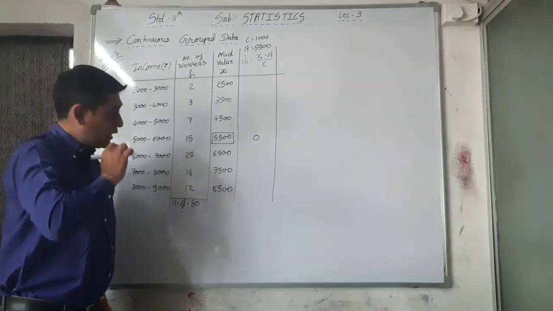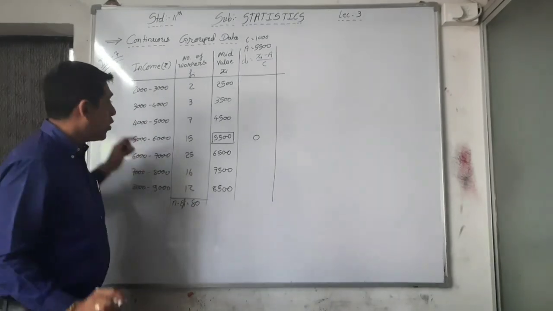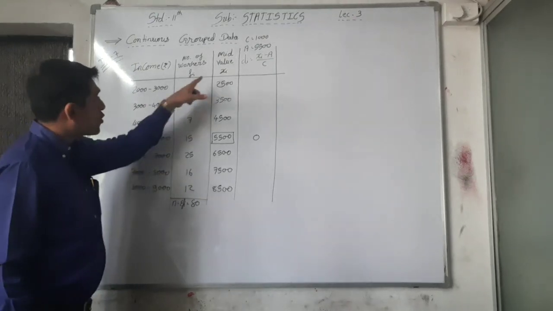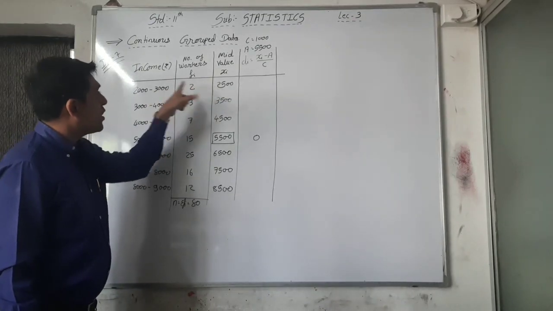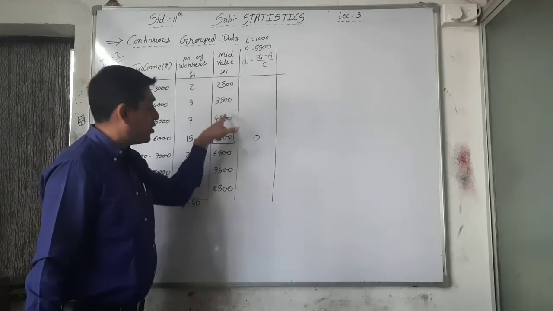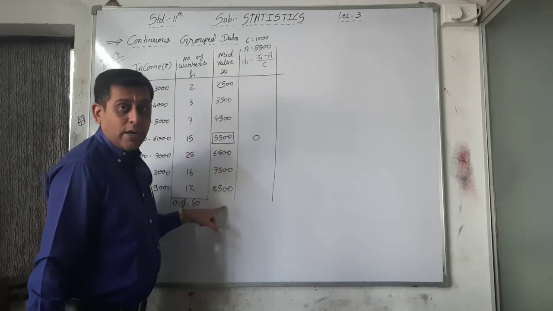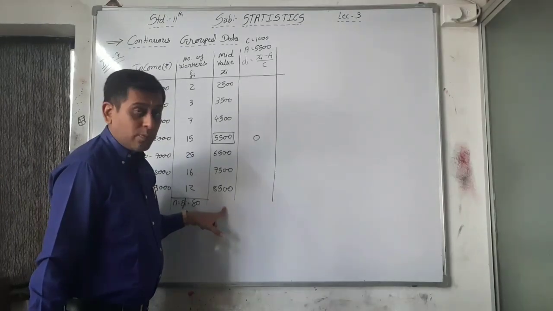Now see here, it is a trick. Whenever the class interval is equal, first of all you have to find just the first mid value and just add 1,000, the class interval, to find the next xi, that is the next mid value.